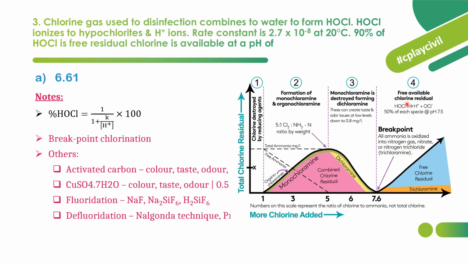And after the fourth stage, we have freely available chlorine residual. So this is the breakpoint chlorination mechanism. And we have the free residual along with trichloramine. So we have these two things and the combined chlorine residual. We should be aware of this chart, and at the first stage, at the initial time, the chlorine will be destroyed by reducing agents.